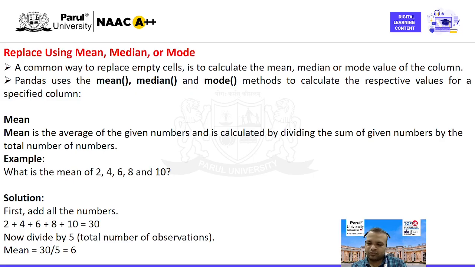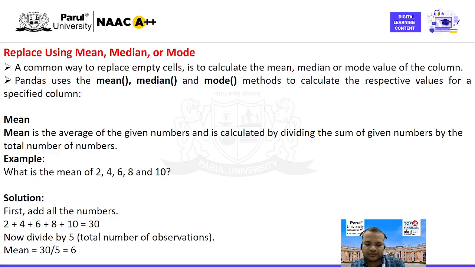So you will get 6. It means 6 is the mean of 2, 4, 6, 8, 10. You can say it's the average of the given numbers.